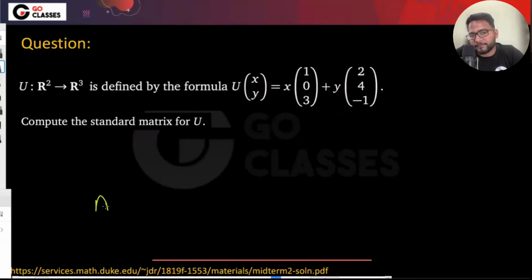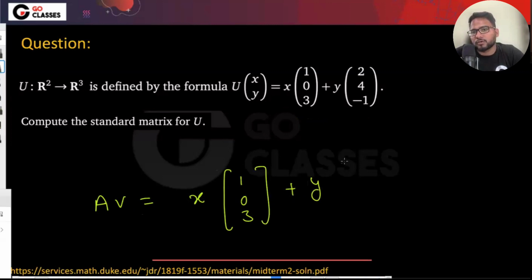What is the matrix A into x, such that it works, A into v, exactly like the linear transformation, which is x into 1 0 3 and y into 2 4 minus 1?